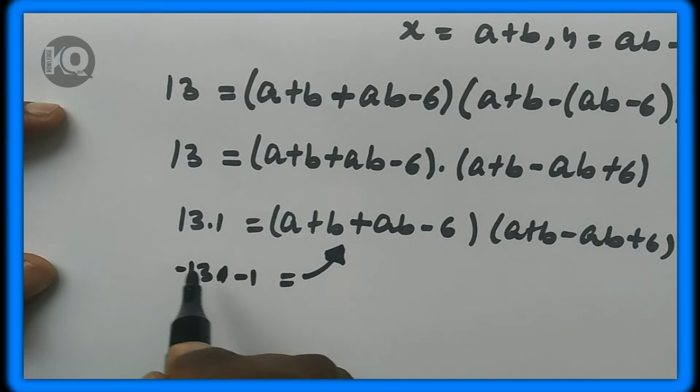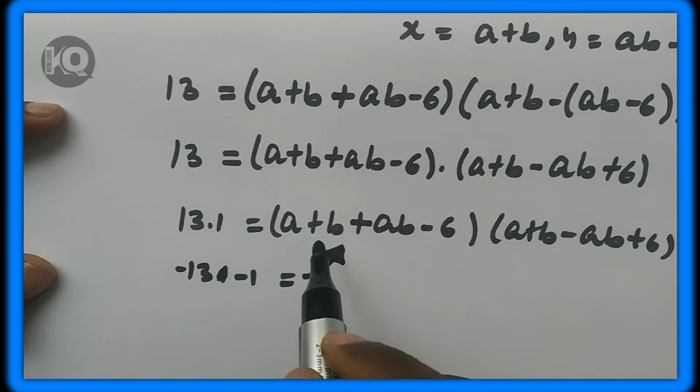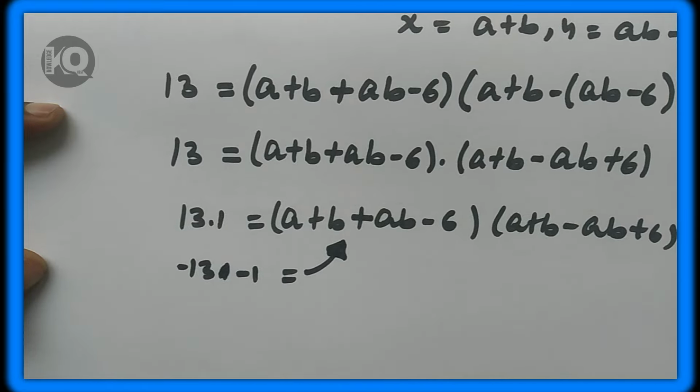So we do have 4 possibilities to find the value of a and b from this equation.